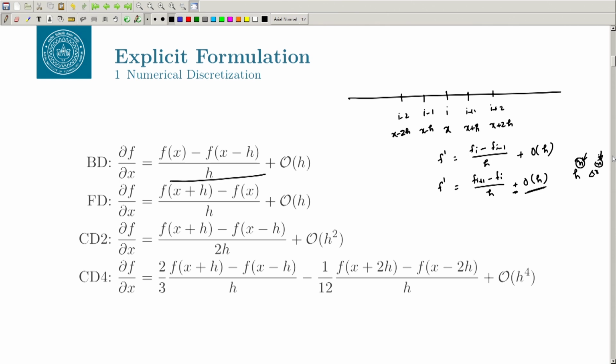Okay. Similarly, if you use the both sides central differentiating, let us say use i plus 1 and i minus 1. So, then you can write f prime at i is equal to f_{i+1} minus f_{i-1} by 2h, right. And we saw that the order of this scheme is h square, right.